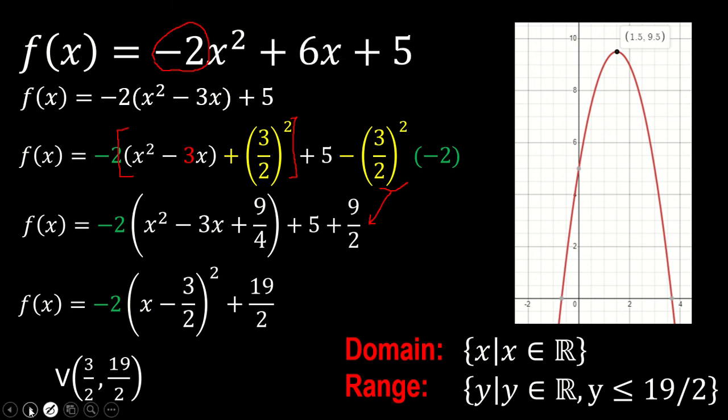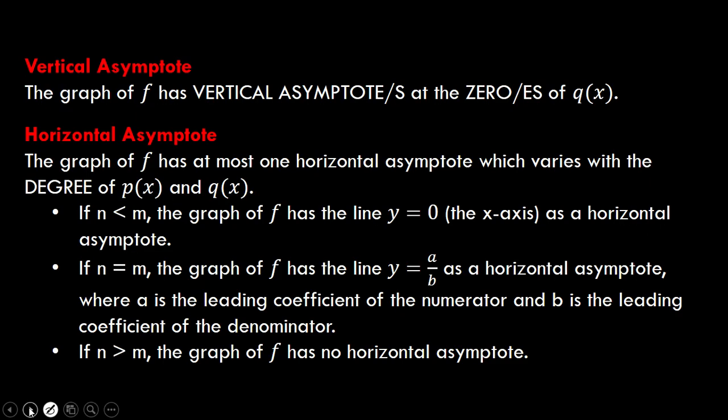Now, after the quadratic function, let's have the rational function. For the rational function, please take note of the vertical and the horizontal asymptote. For the vertical asymptote, all we need to do is identify the zeros of the denominator.